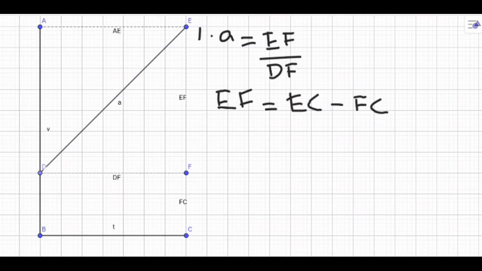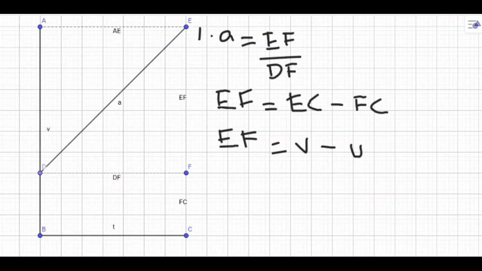So FC is the initial velocity and EC is the final velocity. So we can say EF is equal to V minus U. V is the representation for final velocity and U is the representation for initial velocity.